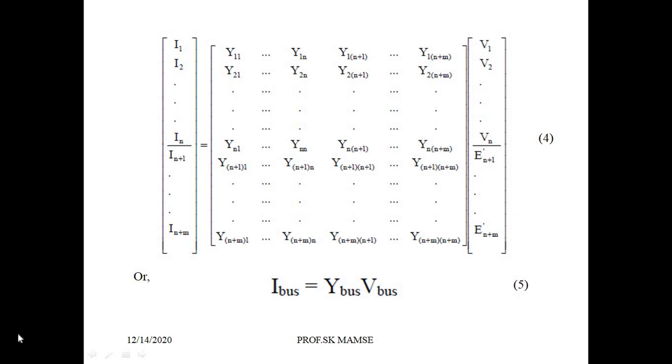Then Ibus is equal to Ybus into Vbus. Ibus means current, Ybus means admittance, and Vbus means voltage.